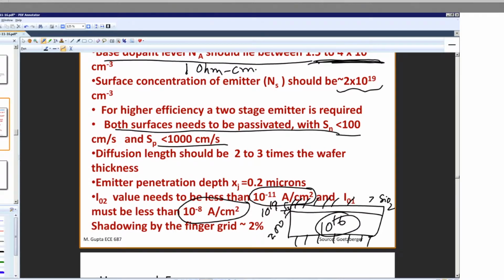The shadowing by the finger electrode, the top electrode we put, should not block sunlight more than 2% of the area. Any question about what we have learned? We used software to provide some insight into how to really design an efficient solar cell. And from the simulation, we came up with some design parameters, and those parameters are discussed in this slide.